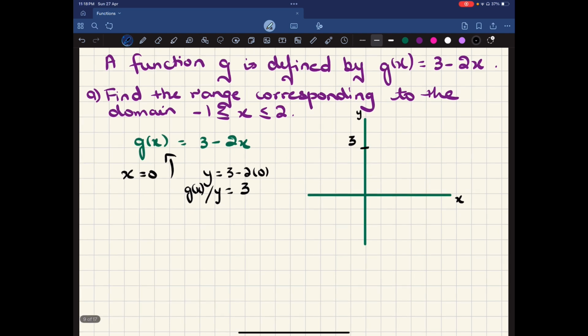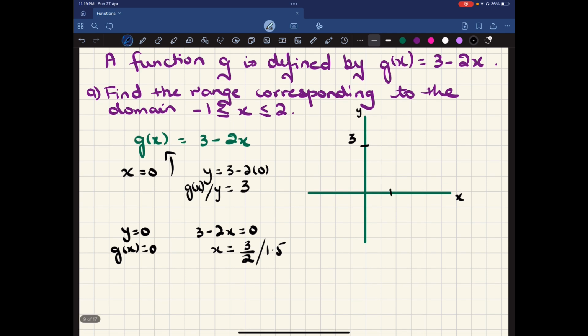Now let's substitute y equals 0 or g of x equals 0 to find the x-intercept. So 3 minus 2x is equal to 0. x is equal to 3 over 2, which is 1.5.